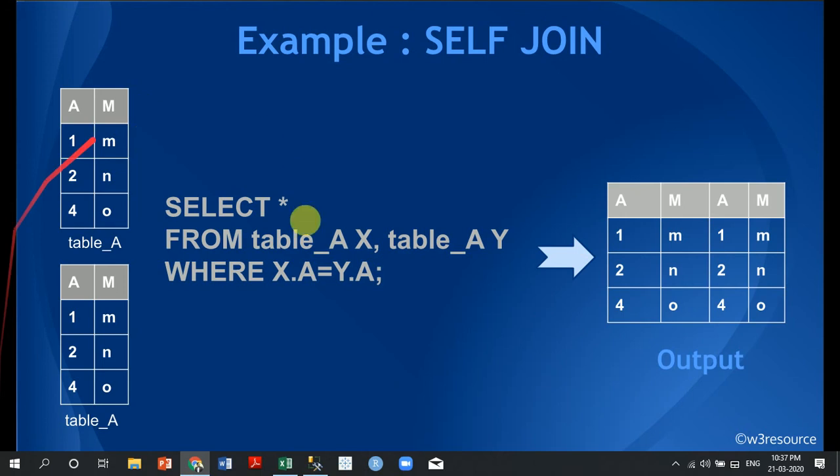For example, I have joined the same table A with the same table by creating aliases with different names, X and Y. Thereafter, on the basis of an equality condition, both are getting joined and the result is coming out.